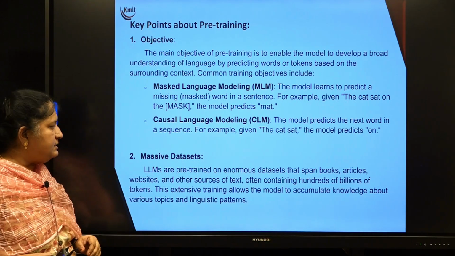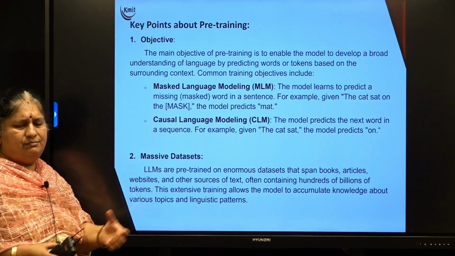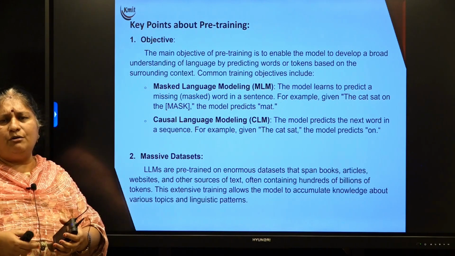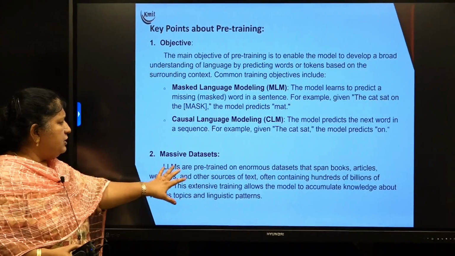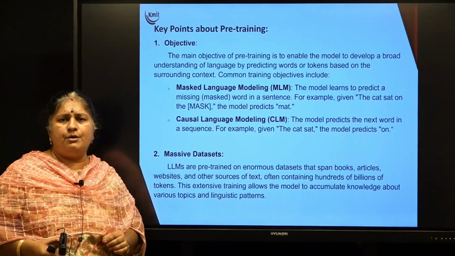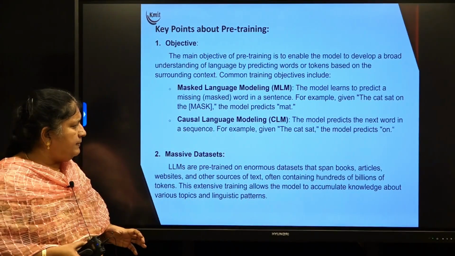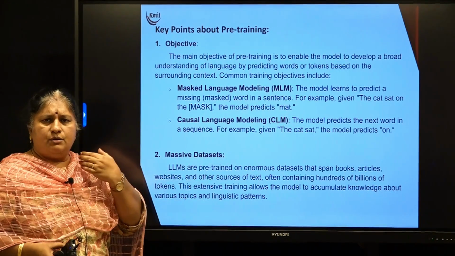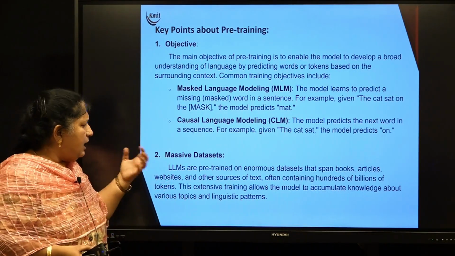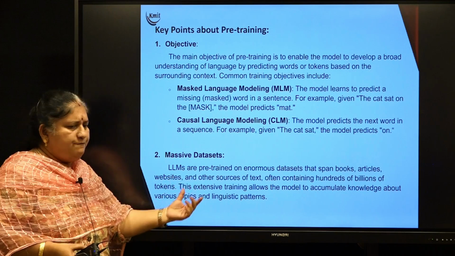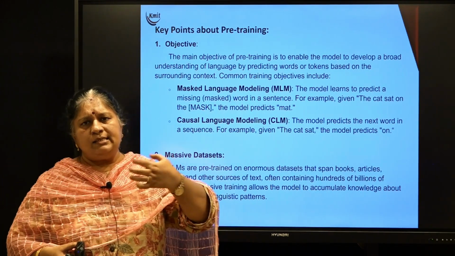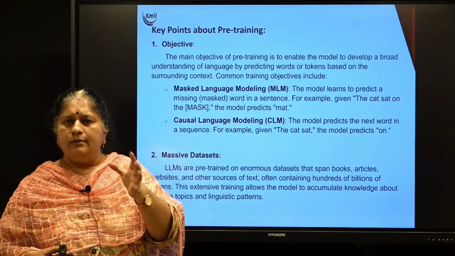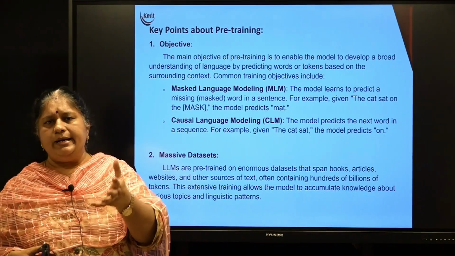Second one, massive data sets. As large language models, we need not mention this all the time, but because it's a custom, large language models are pre-trained on enormous amounts of data which are spanning across books, websites, articles, everything, which is helping the LLM to gain extensive knowledge on a particular language, on a particular data set.